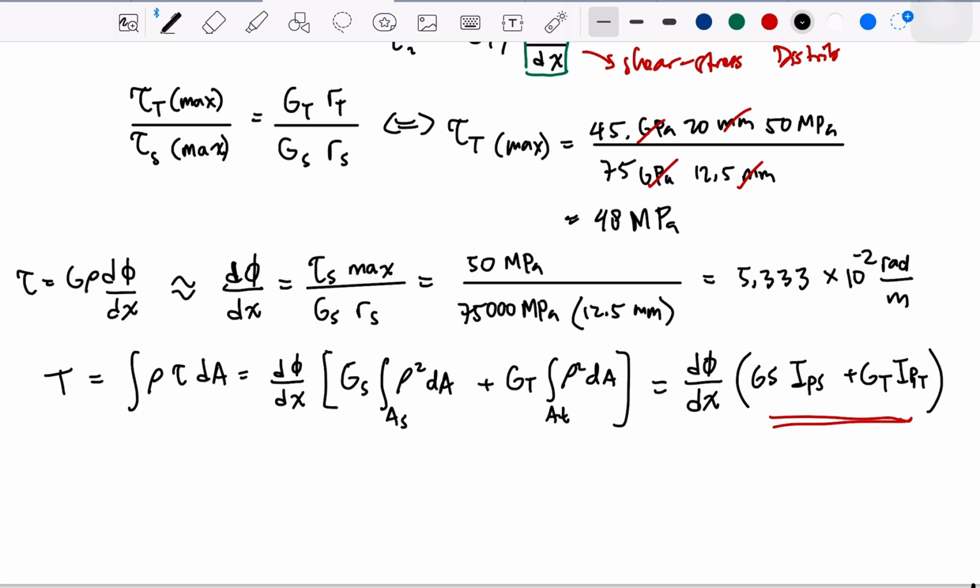So the inertia for steel, it is solid, so we take pi over 2 r to the power of 4, with 12.5.